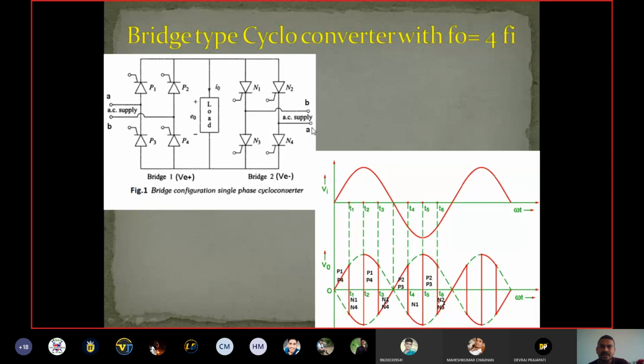So current is flowing from D to C, lower to upper, that is the negative. So we are getting the negative output. During T6 to the end of the negative half cycle, the thyristors that remain on are N2 and N3 and we are getting the negative output. Okay, and afterward the cycle repeats and continues, that positive half cycle, negative half cycle.